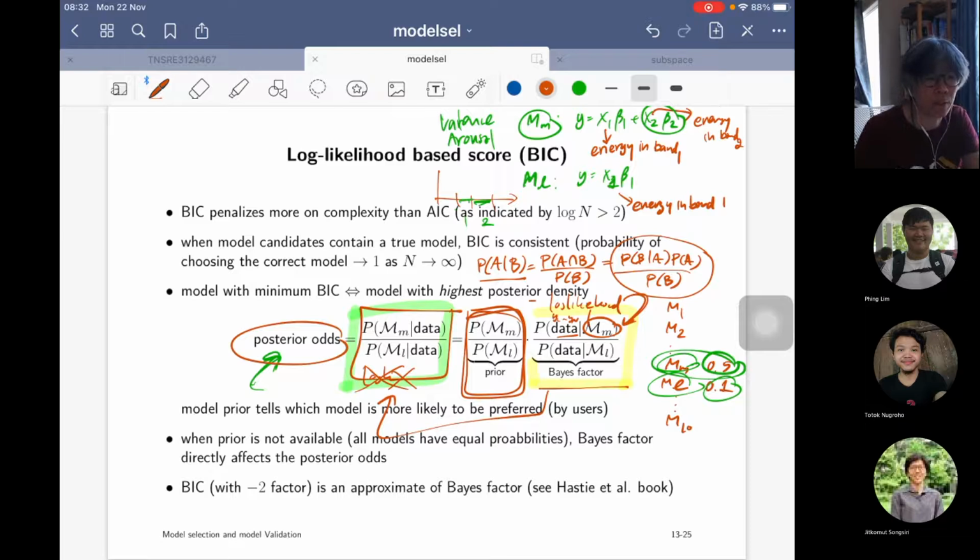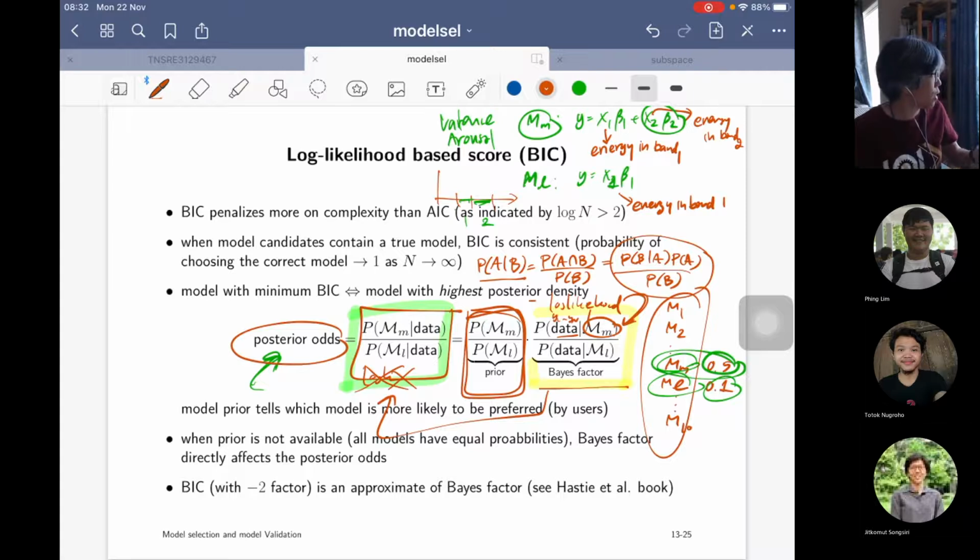For example, I'm not in biomedical, so I have no background knowledge about brain signals and everything. The obvious choice for me is to assume the prior is uniform, like all the models have equal chances.